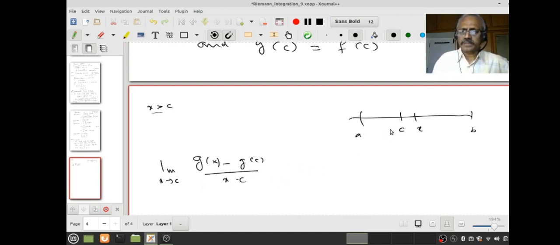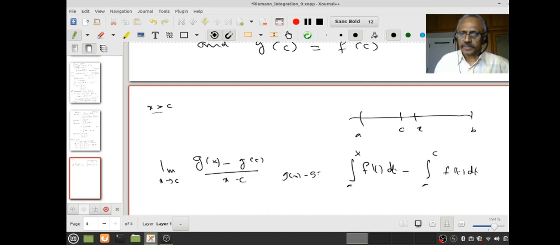For the time being, I am assuming c is an interior point, and I am approaching c from the right side, x greater than c. But what is g of x? g of x is integral a to x of f of t dt. And what is g of c? It is integral a to c of f of t dt. Therefore, what is g of x minus g of c?